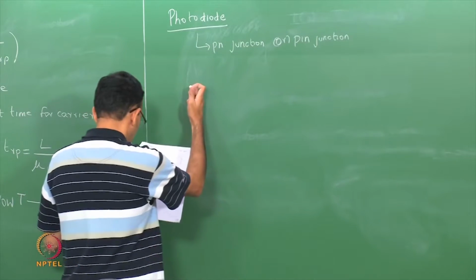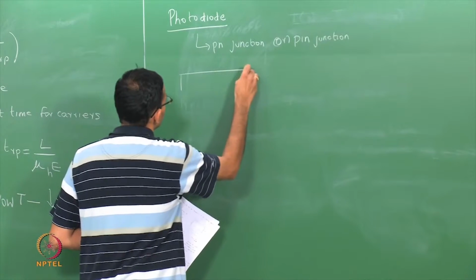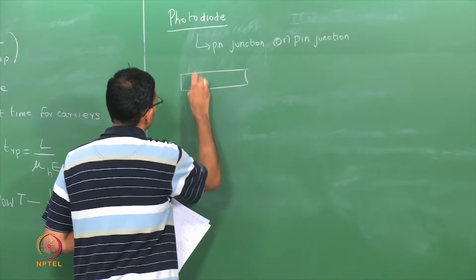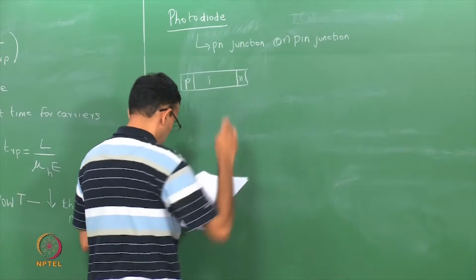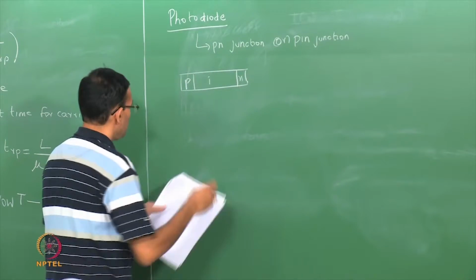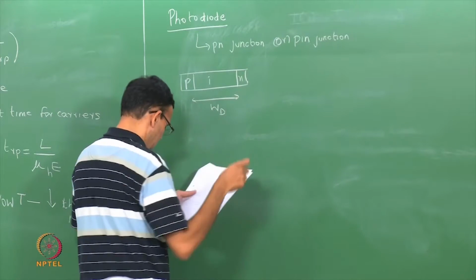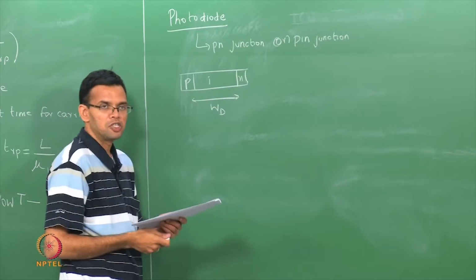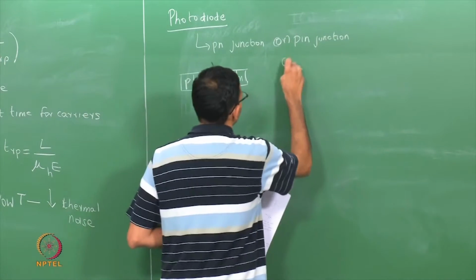So, consider a simple PIN kind of device. The intrinsic region is typically wide and the P and N regions are short. These devices are usually operated under reverse bias.